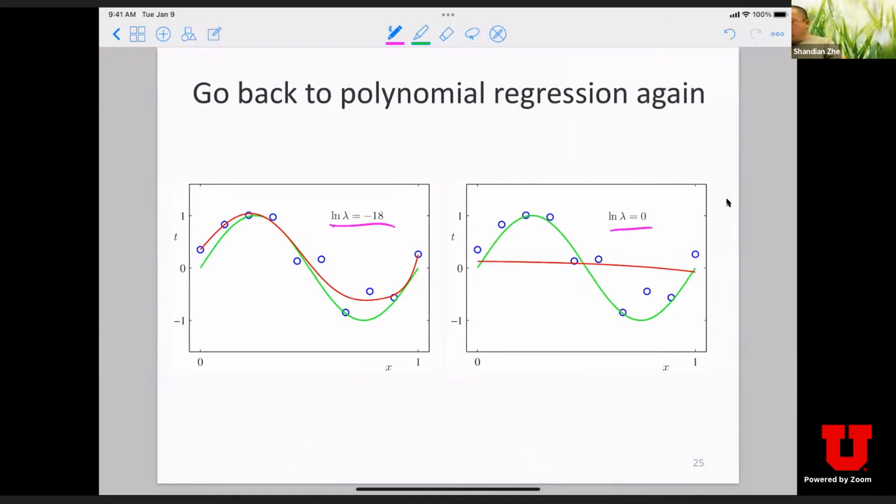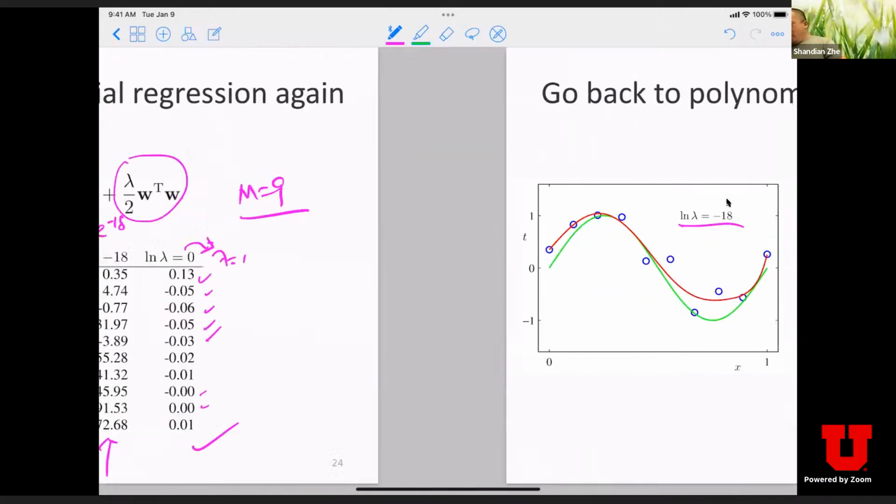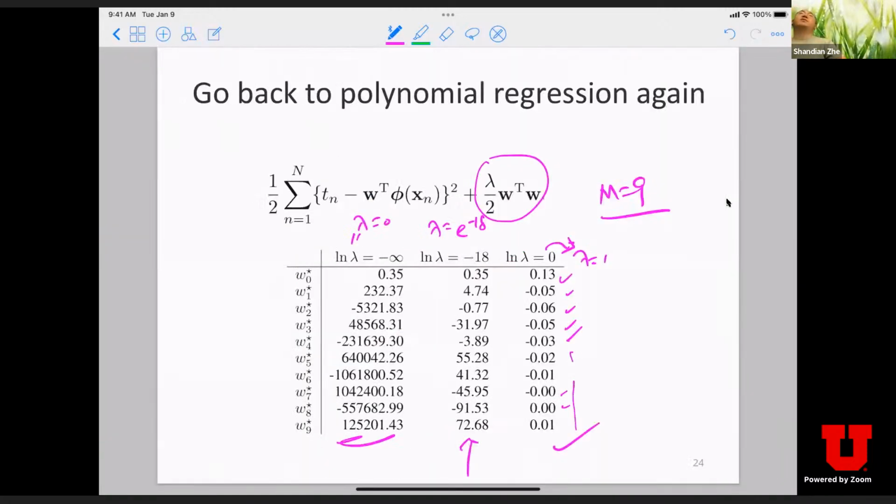However, if you use too large a regularization strength, lambda equals 1, the learned function curve is nearly a flat line. Why? Because you truncate many bases and only leave the significant bases like W0 and W1, corresponding to the bias and the first order polynomial.